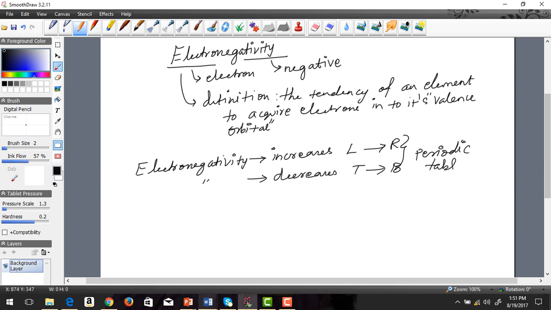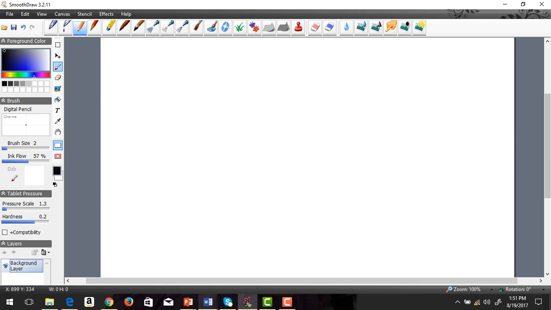Very good. Let's do some examples, because that's what you're looking for. So let's do hydrogen, lithium, sodium, potassium, oxygen, and nitrogen. You have to sort these elements in the order of increasing electronegativity.